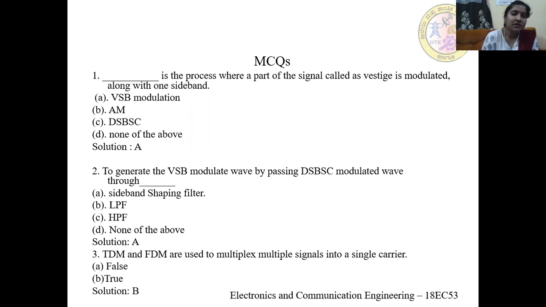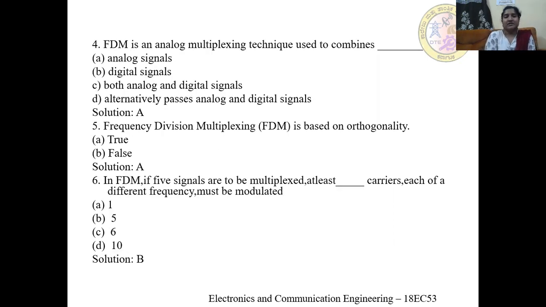Third question. Time division multiplexing and frequency division multiplexing are used to multiplex multiple signals into a single carrier. Options: false or true. The solution for this is B, that is true. Next, question 4.